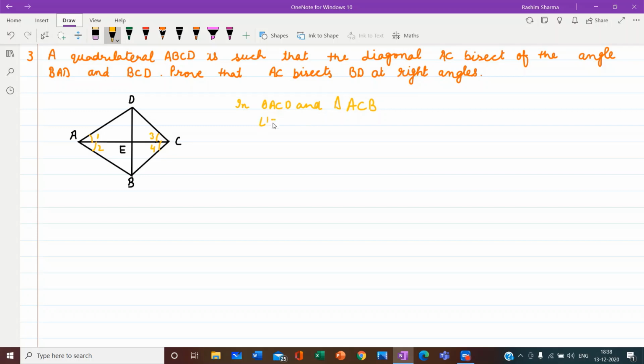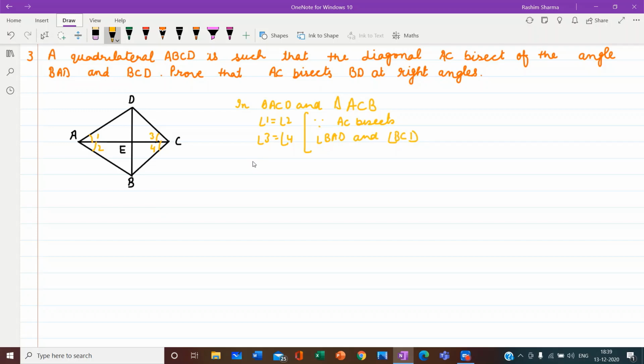We have here angle 1 is equal to angle 2 and angle 3 is equal to angle 4, because AC bisects angle BAD and angle BCD.